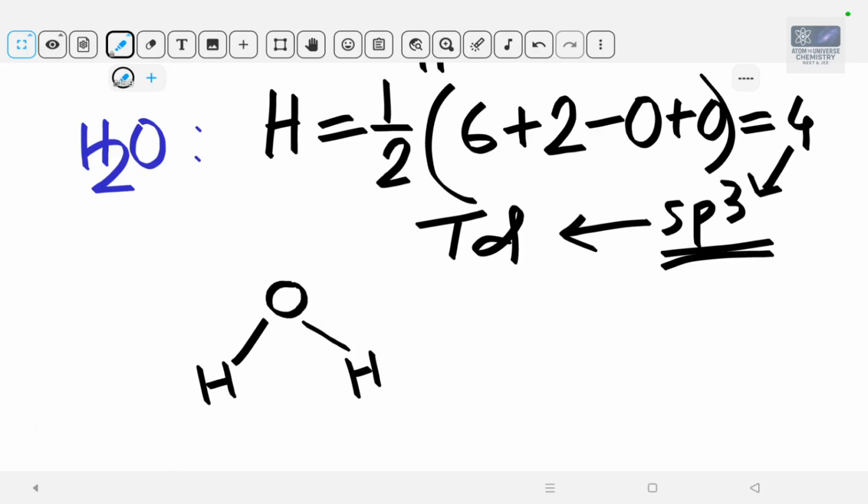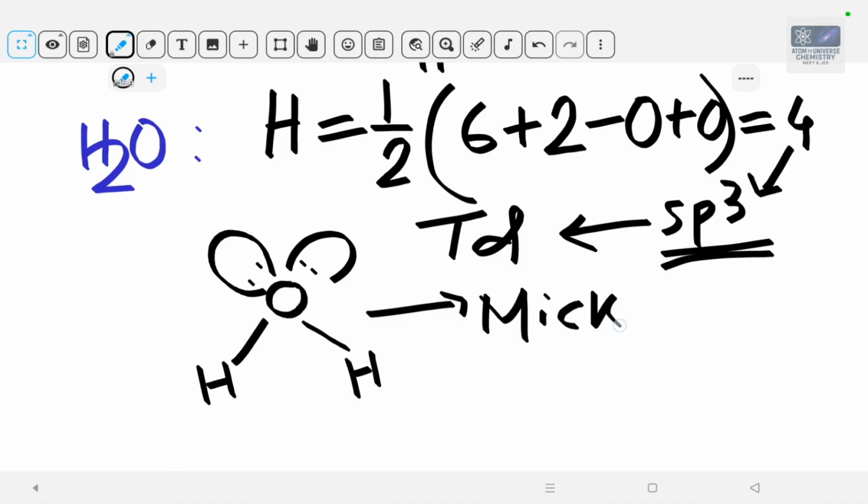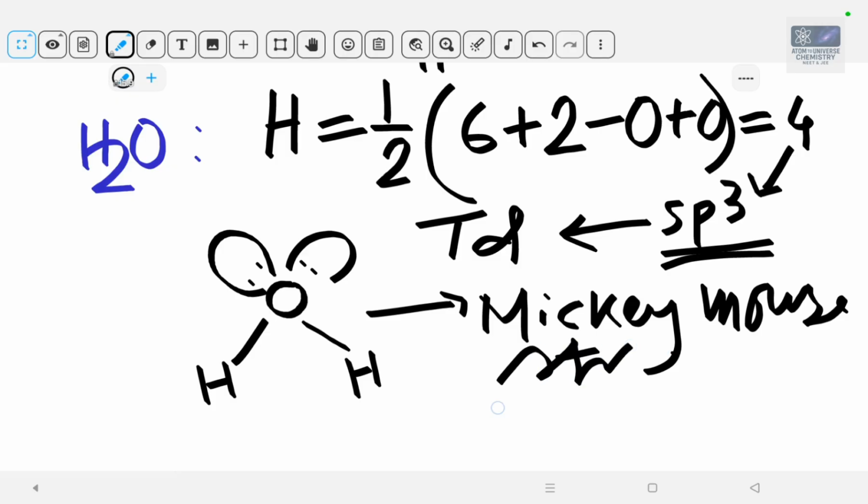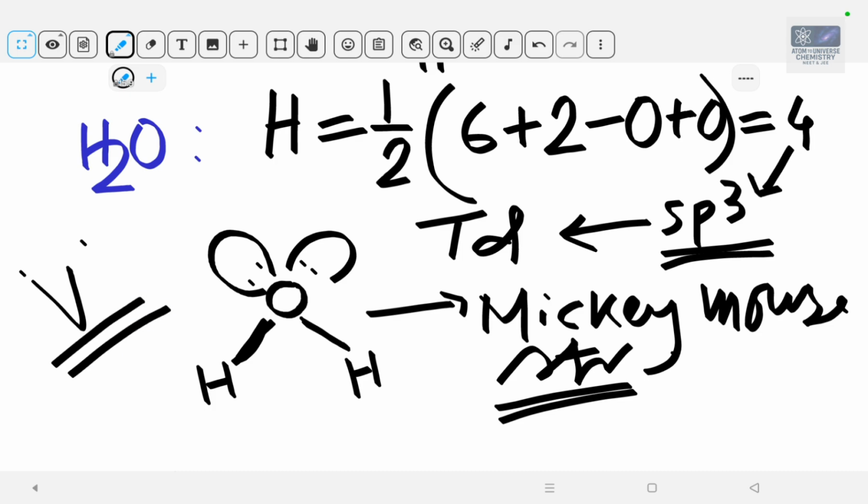So these 2 positions will be occupied by 2 lone pairs, that is called the Mickey Mouse structure. Or it is called V shaped, that looks like V. Okay, it is called V shaped structure.